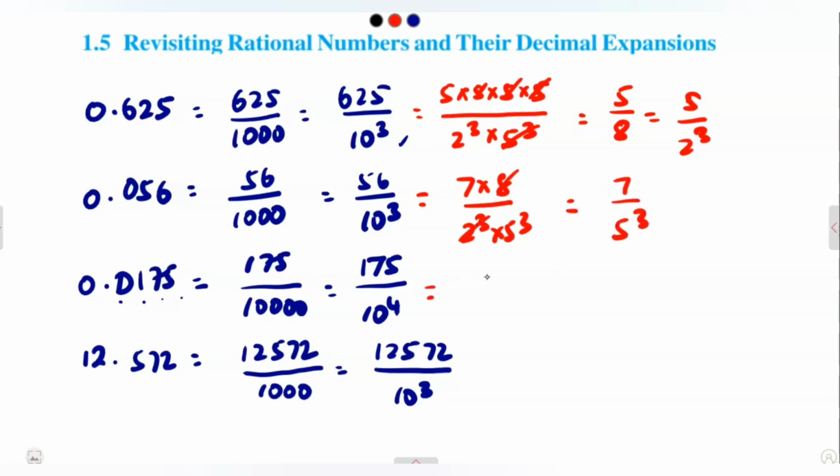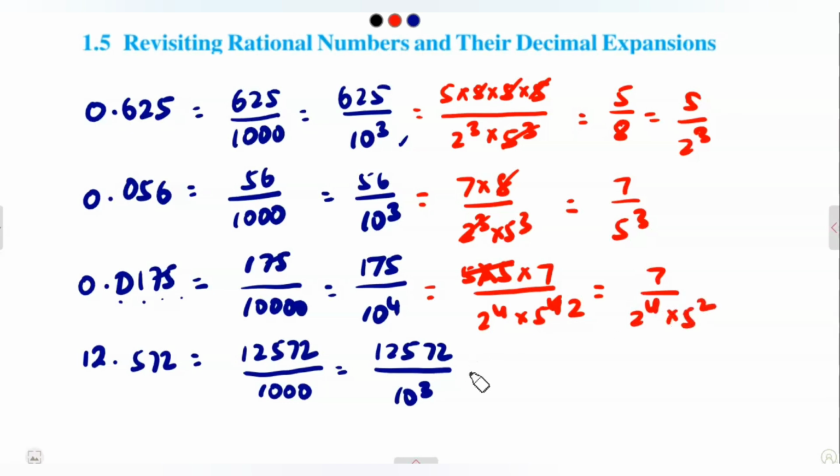And observe this 175. I can write it as 5 into 5 into 7, since 25 times 7 is 175, and 10 power 4 I'll write as 2 power 4 into 5 power 4. From this I will cancel two 5s from 5 power 4, leaving 5 square. So 7 by 2 power 4 into 5 square.